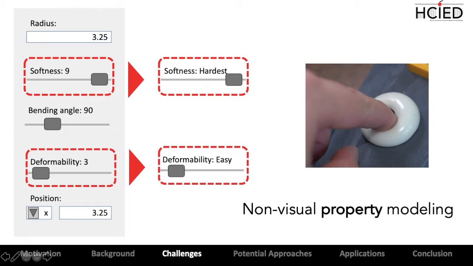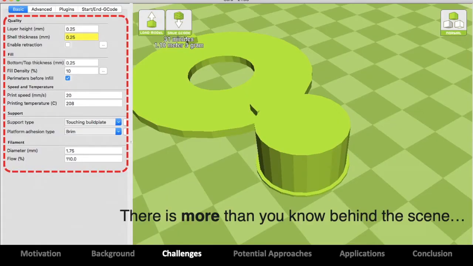Also, someone may expect the hardest button to be as hard as metal, whereas another may expect the hardest button to be hard enough but pressable, like a hard rubbery button, and so forth. And in fact, the information that the fabrication machine, the 3D printer, needs to know to fabricate that substance is different from the user's language.